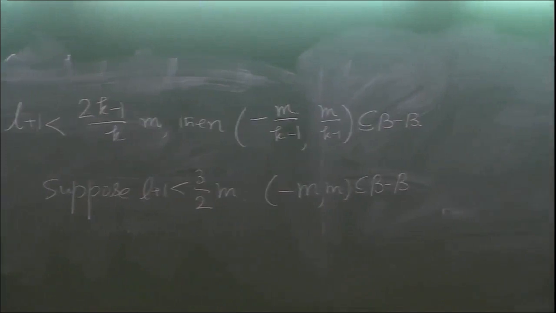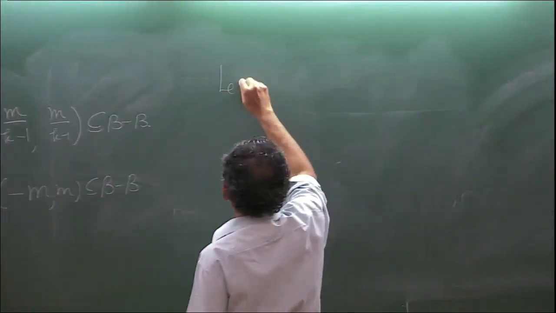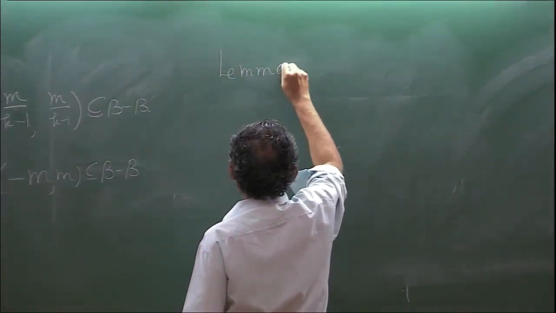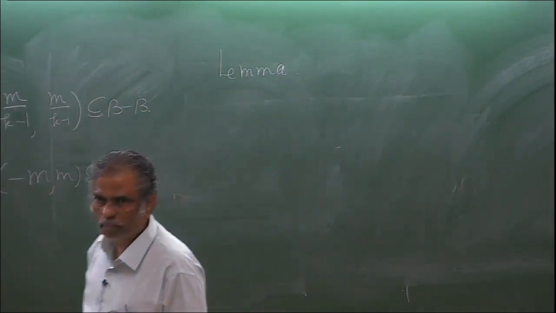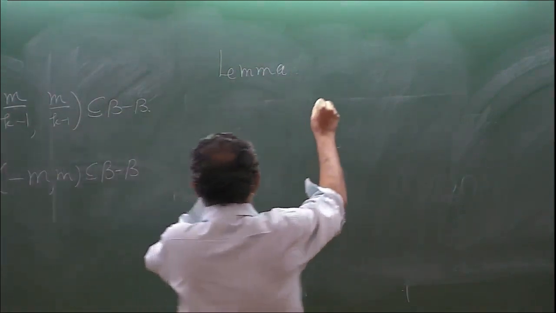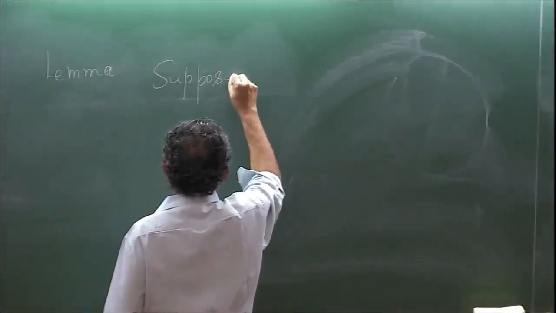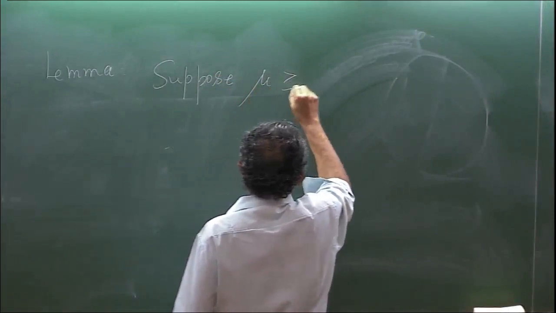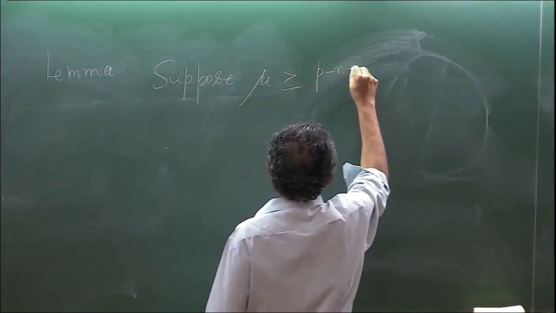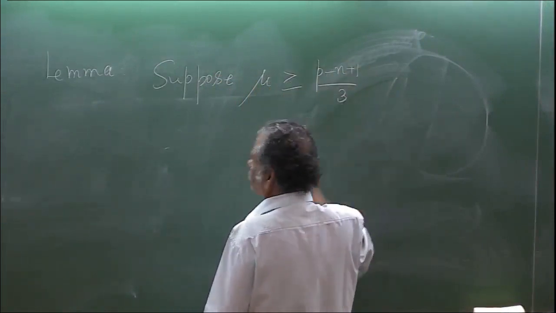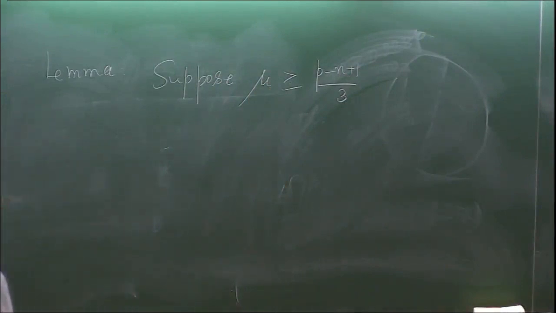Now let me prove another lemma. Suppose mu is bigger or equal to p minus n plus 1 divided by 3, and that number which turns out to be what? 0.227.